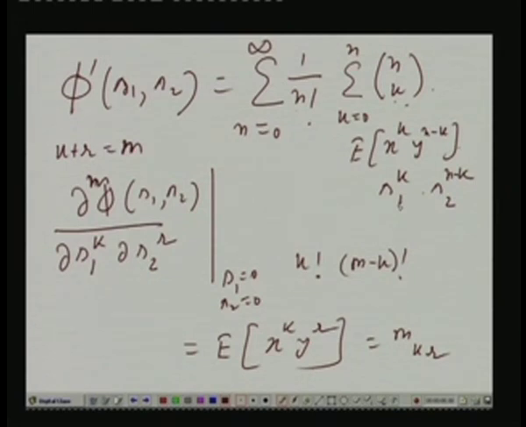So, this shows that given this function phi of s1, s2, if you are interested in finding out a moment m k r, then you differentiate this with respect to s2 r times and with respect to s1 k times. Then upon differentiation, whatever you get, substitute s1 equal to 0 and s2 equal to 0. Okay. So, we have proved this result.